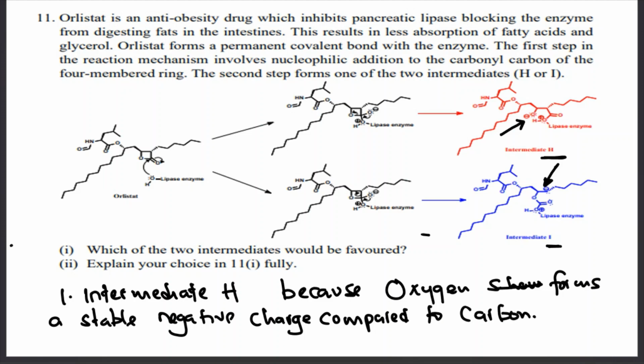So that's why intermediate H is formed. Why? Because the negative charge is formed on the oxygen here compared to this one that is formed on the carbon. So intermediate H will be favored compared to intermediate I.